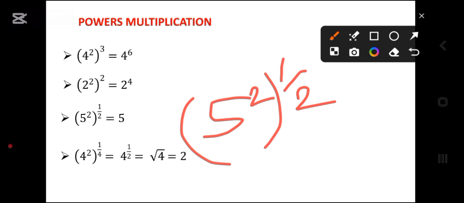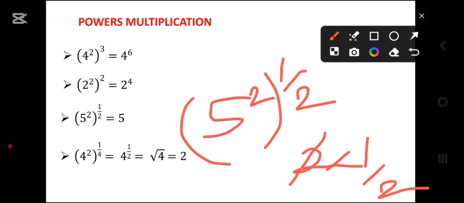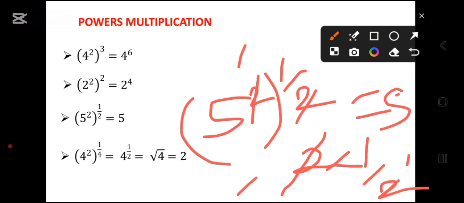When we multiply the powers, it gives us 2 times 1 over 2. 2 will cancel 2, and 1 remains. So when this cancels, it becomes 5. That's how we have 5 becoming the answer.